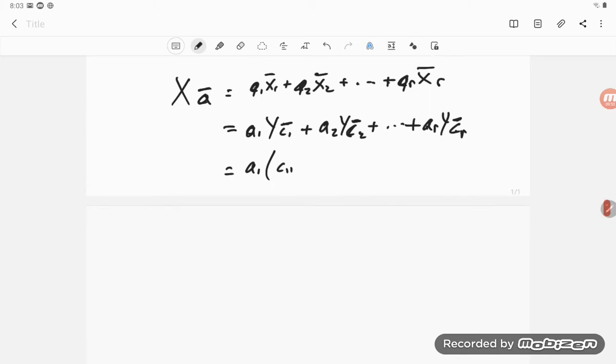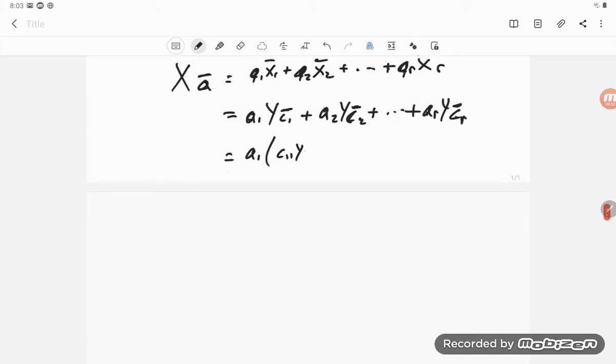Okay, so the first component of C1 times Y1 plus the second component of C1 times y2 plus the third component of C1. So, we get this idea, and there would have been S components of the C's. So C1S, YS.